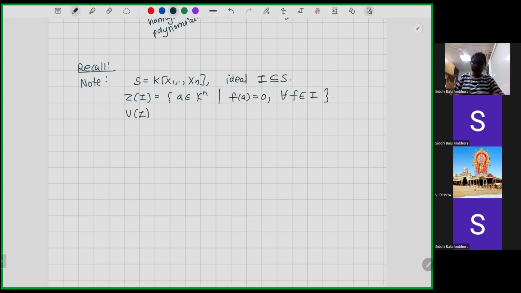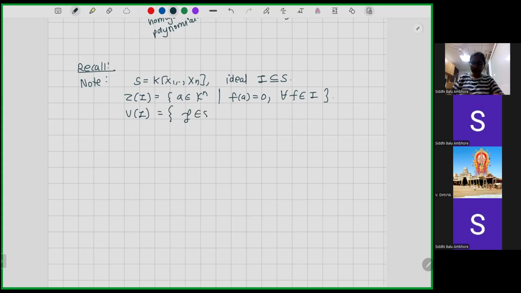And similarly, if I have a set in K^n, I get a corresponding V(I). So I'm defining something else here.